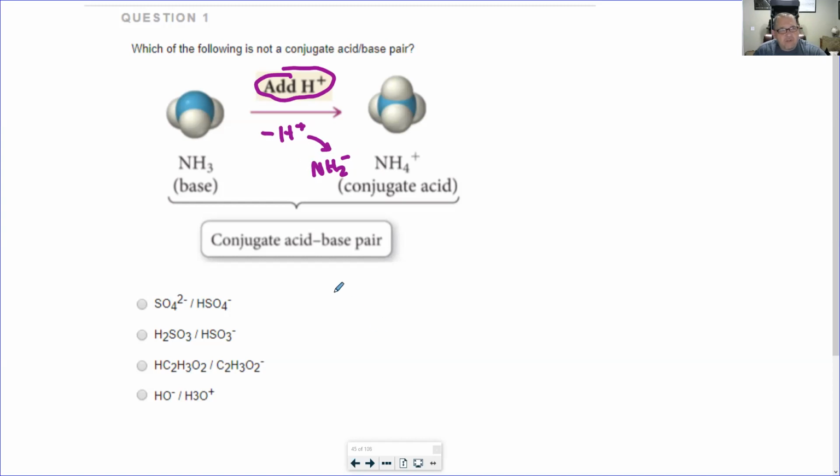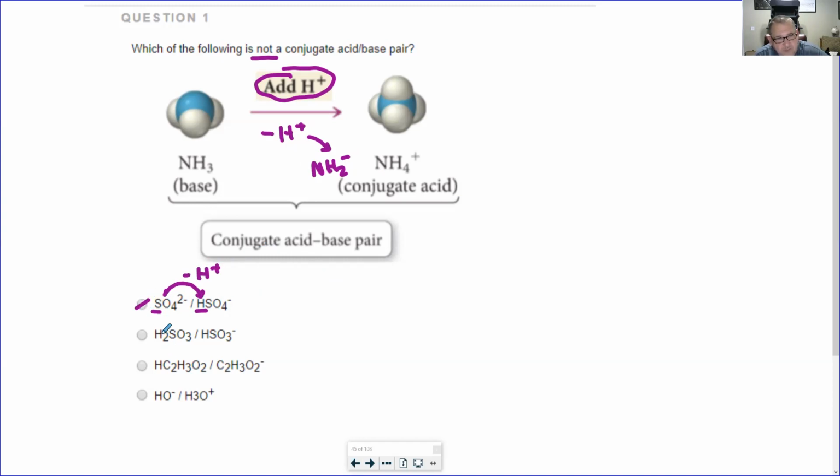When we look to answer this question, we're looking for the one that is not separated by a proton. If I look at sulfate and bisulfate, the only difference is the extra proton. If I started with this material and wanted to get to this one, all I have to do is lose a proton. So this is a pair, so it is not that choice.